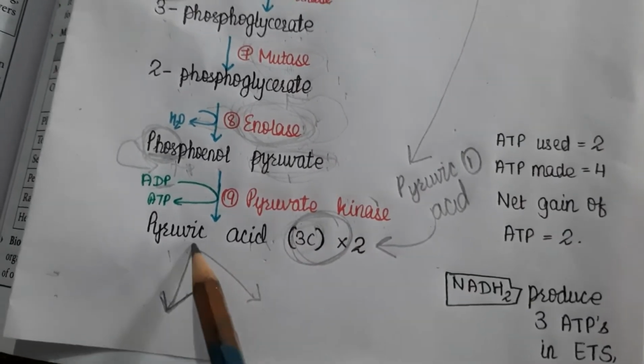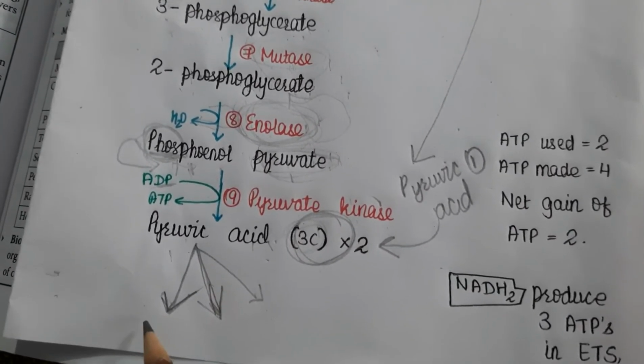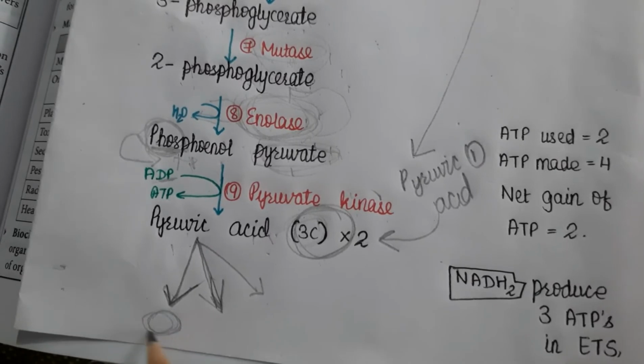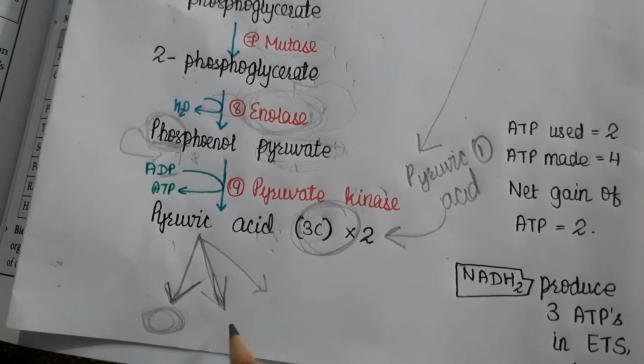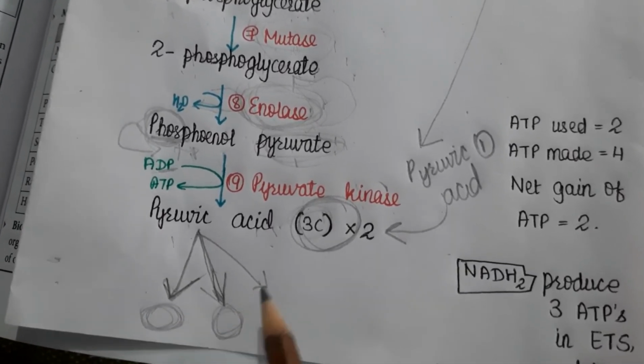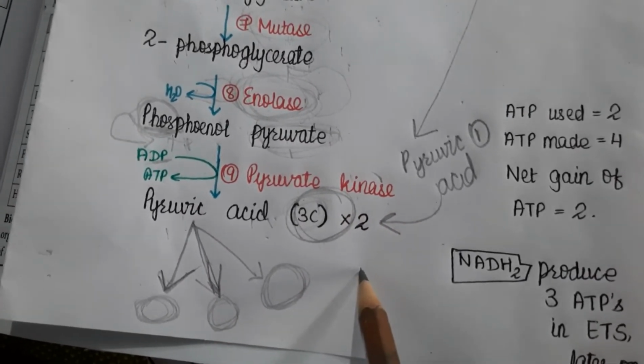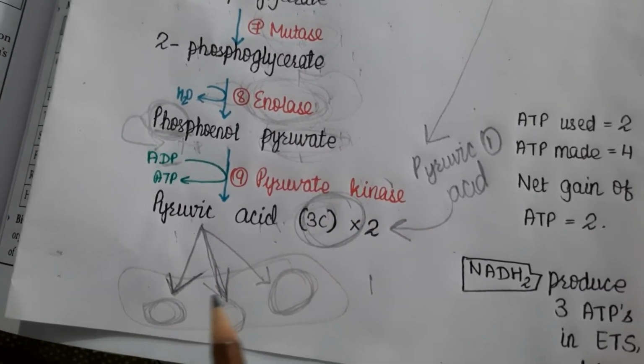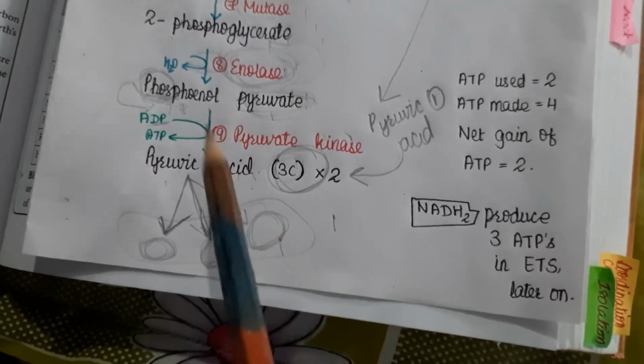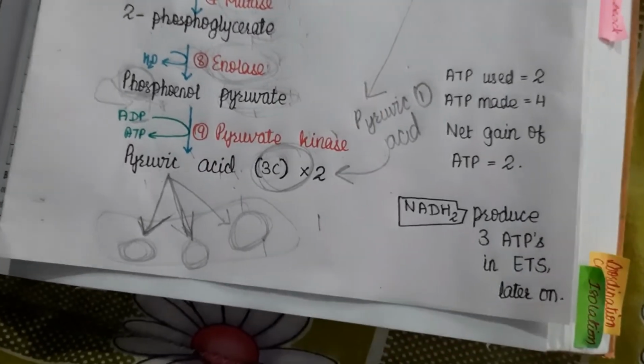Therefore this pyruvic acid goes to alcoholic fermentation, anaerobic respiration, or aerobic respiration, according to what animal it is. So pyruvic acid goes to those processes.